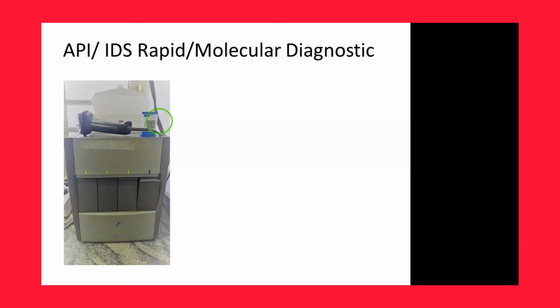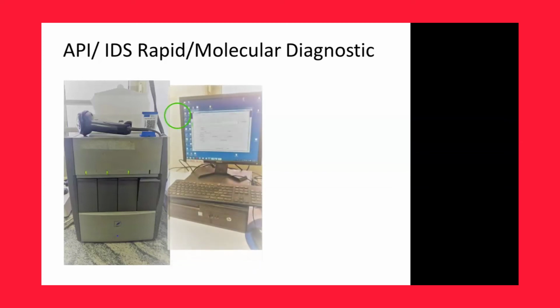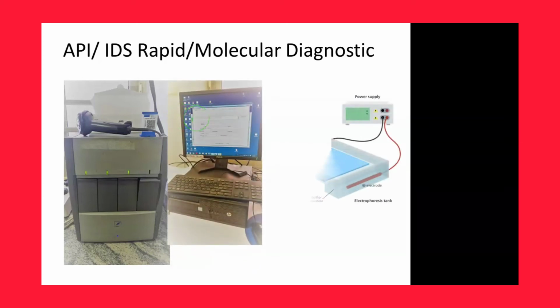You first extract the DNA from the materials you are provided, then you amplify it, then you use your electrophoresis machine, this is the electrophoresis machine, to know whether it conforms with what you are expecting to see there.